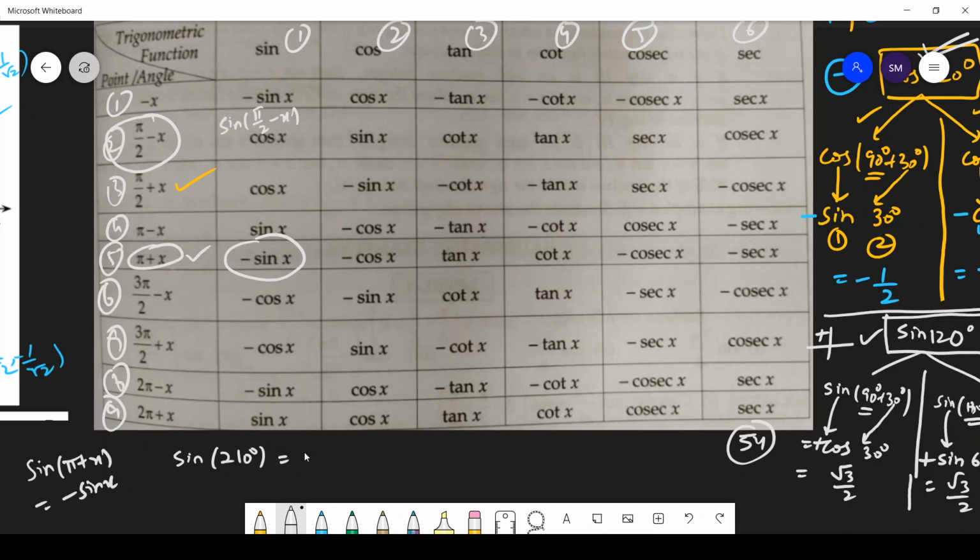So write it in terms of sine 180 plus 30 degree. Is 180 degree going to change the sign? No, sir.